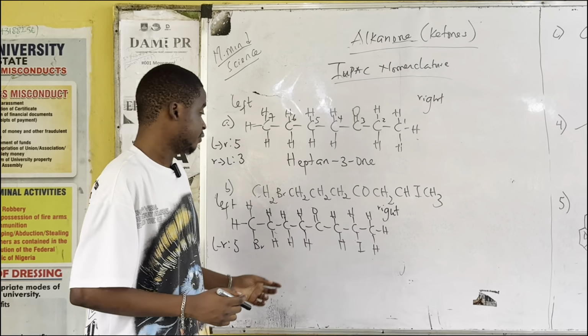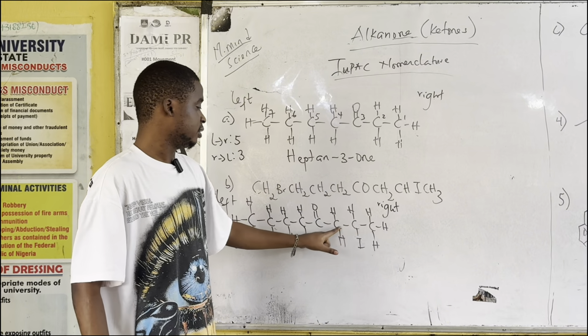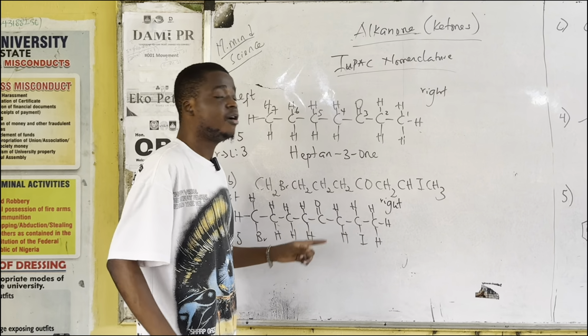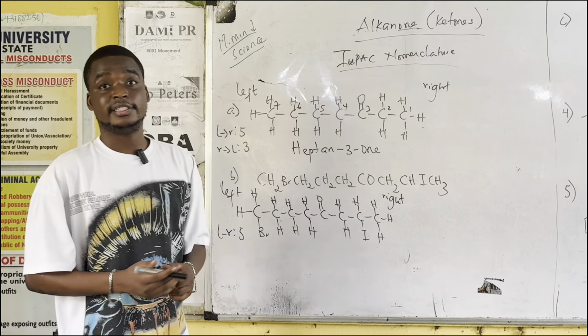Now from right to left, you have 1, 2, 3, 4. Count again. 1, 2, 3, 4. Right to left, it takes 4. So which is smaller? We choose 4 based on the pack rule. So we label from right to left.